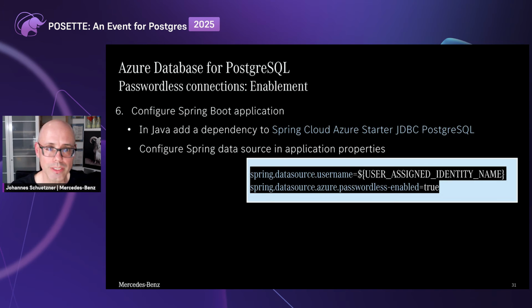So you add this dependency, and then in the application properties of your application, you first specify the Entra name, so the name of the managed identity, under username, and the other setting is spring.cloud.azure.passwordless-enabled. That means no password is provided by the application, it's just passwordless, and the rest is taken care of by Azure and the Azure library.